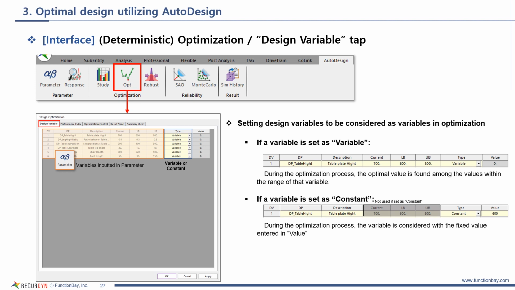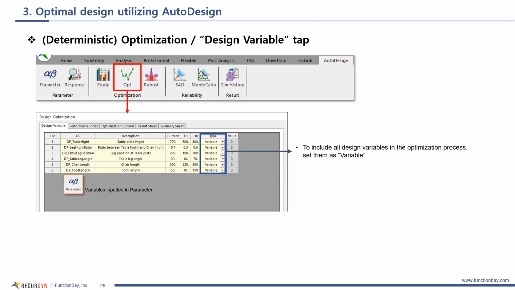If you set it as a variable, the optimization process will consider that value as a variable within the specified boundary conditions, aiming to find the optimal value within those boundaries. If you set it as constant, the optimization processor will treat that value as the fixed value specified in the value field during optimization.